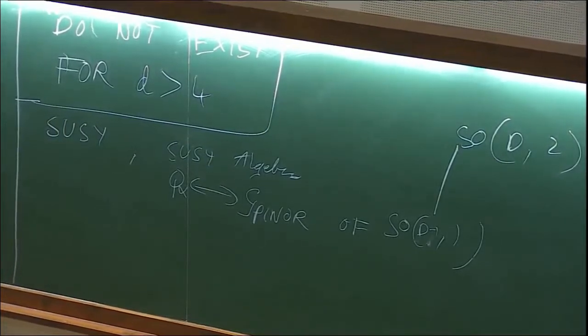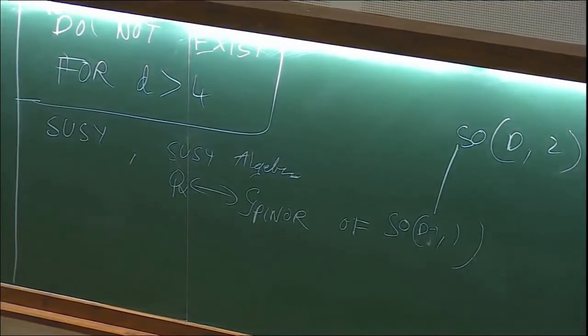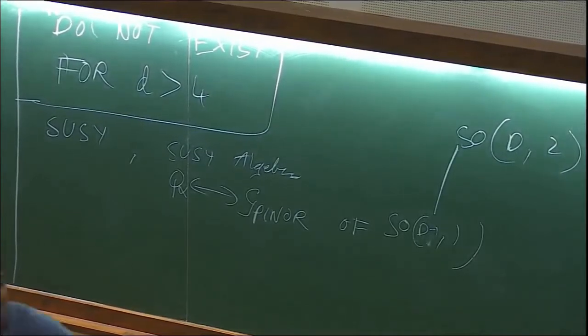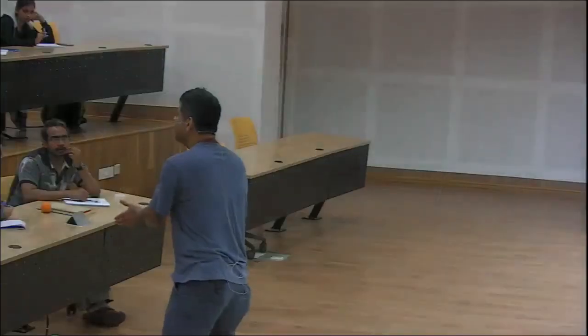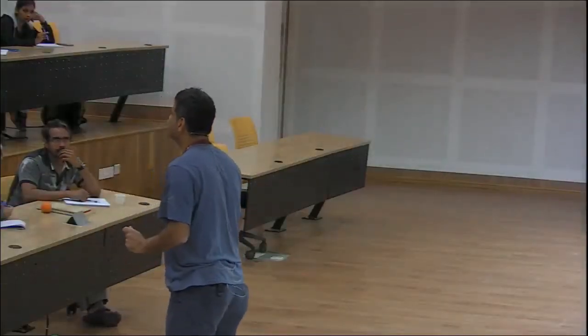So it cannot be that the end of the story is just that you have supersymmetry and conformal invariance by themselves, because an SO(d-1,1) spinor is not a representation of SO(d,2). So if a theory is both supersymmetric and conformally invariant, it needs to enjoy invariance under a bigger algebra than either supersymmetry or conformal invariance. Is this clear?